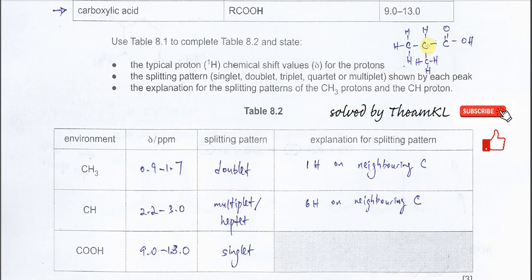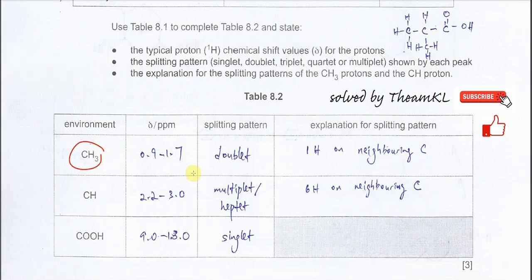of protons. So now it's asking about CH3. Which group is the CH3? In methylpropanoic acid, the CH3 here means this one, this CH3 and this CH3.